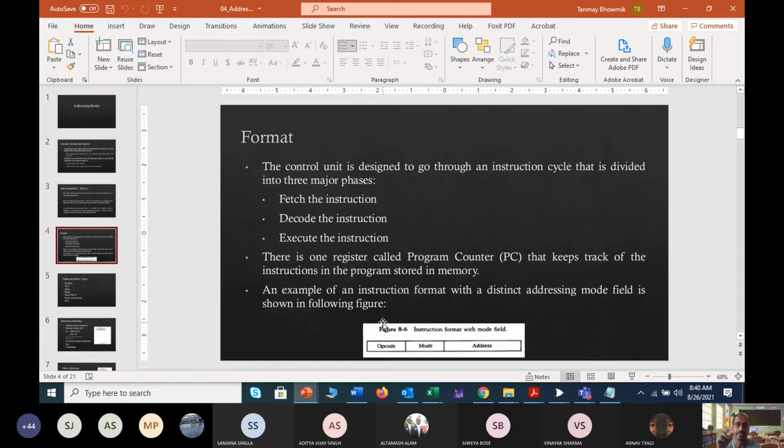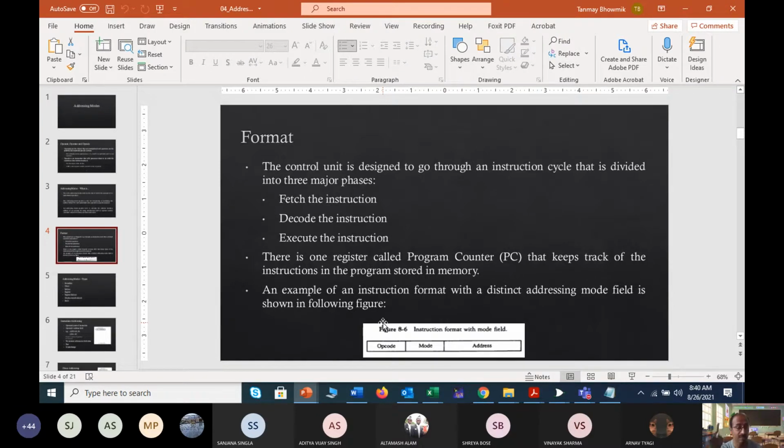And the control unit is designed to go through an instruction cycle that is divided into 3 major phases. So why do we require all this? From the previous day I am saying instruction, address. Why do we need the instruction or the address? How do you relate it?